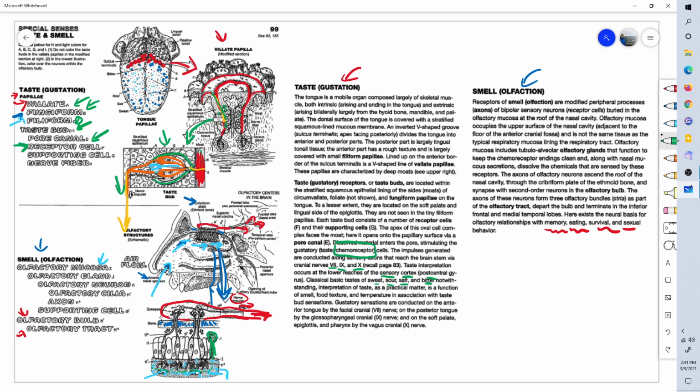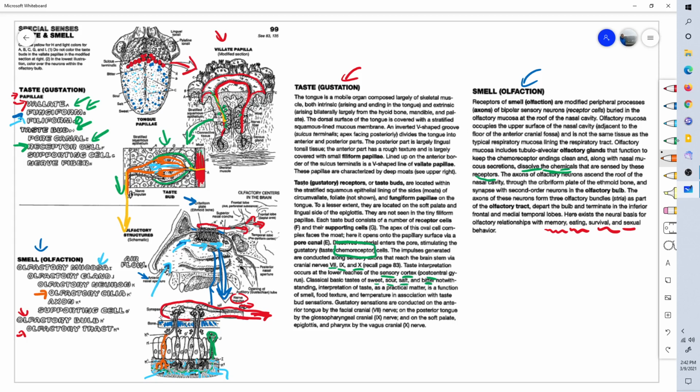It does so by dissolving the previous chemicals that were being smelled, to get ready for the next smell. And here you can see the actual olfactory neuron with little olfactory cilia attached to it.